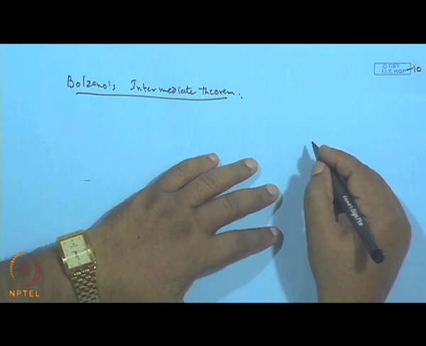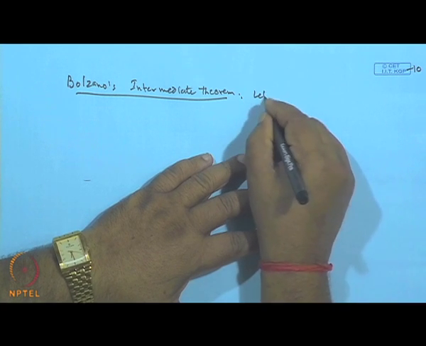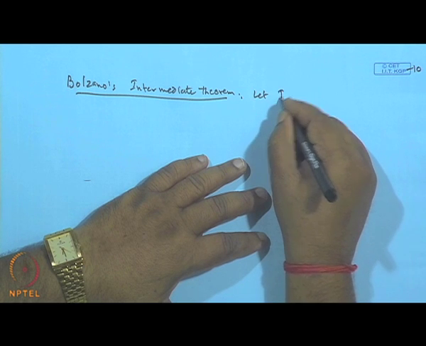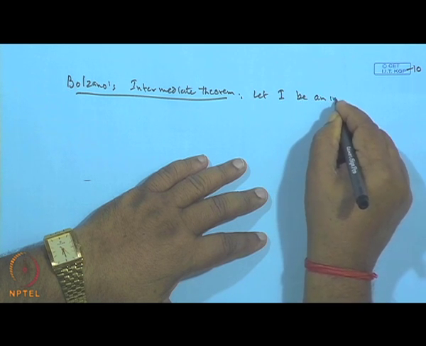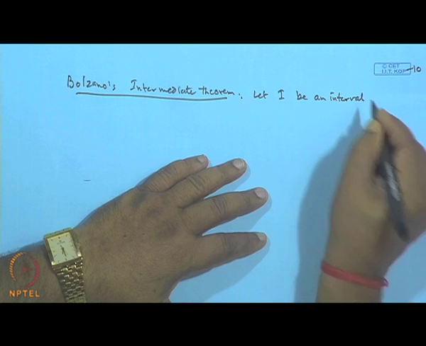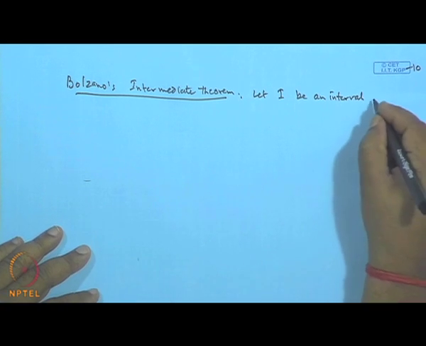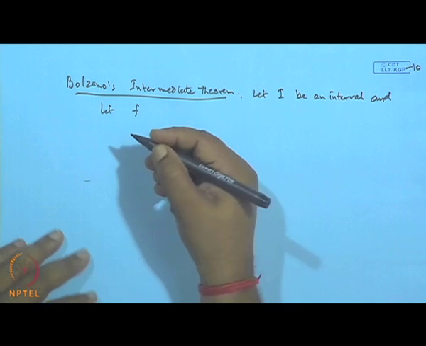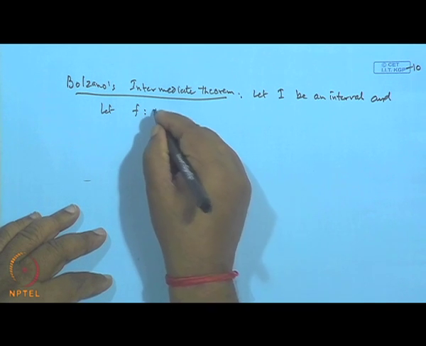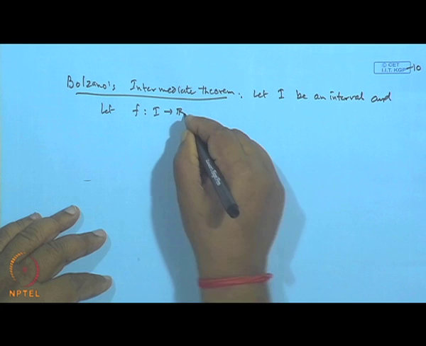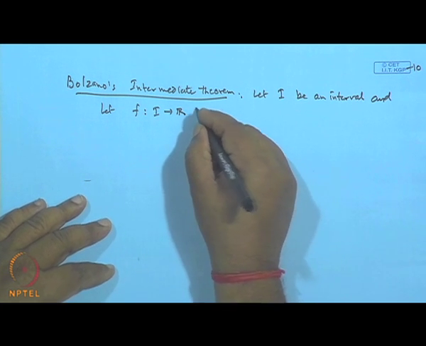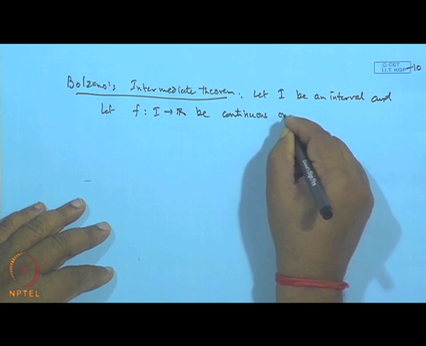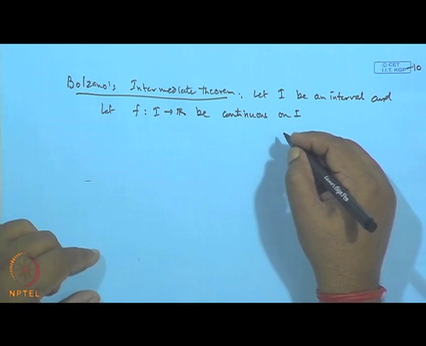What this theorem says: let I be an interval, and let f, which is a mapping from I to R, be a continuous function, f be continuous on I.